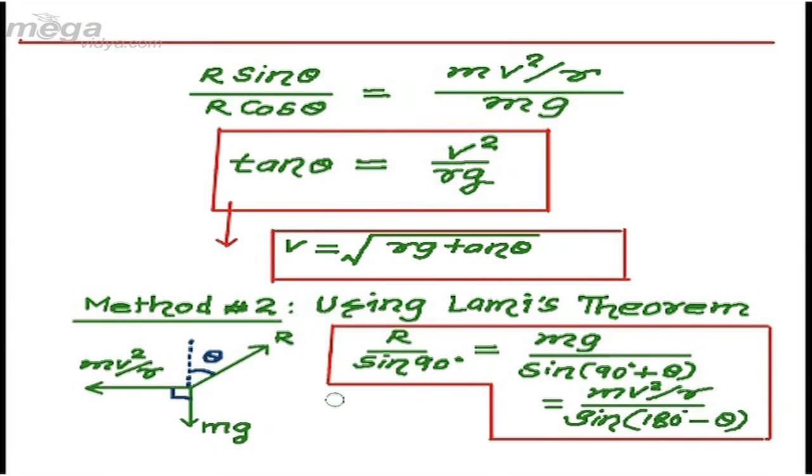So by using this relation which I have written using Lami's theorem, I can also get the same result which is obtained here as tan theta equal to v square by rg.